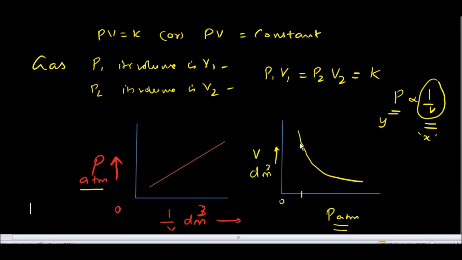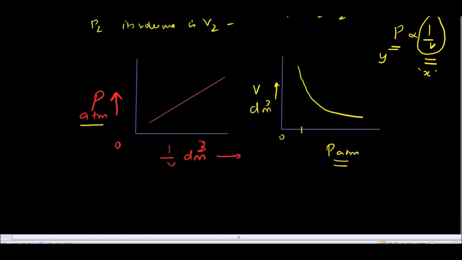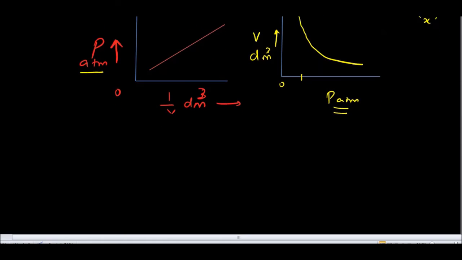For every increase in pressure, there is a gradual decrease in volume. This clearly indicates the relationship between pressure and volume. They are inversely proportional to each other at a constant temperature. And what are all the consequences of Boyle's law? The consequences of Boyle's law can be explained as follows.